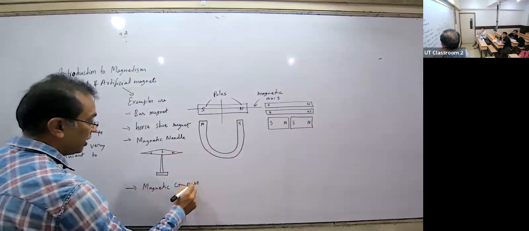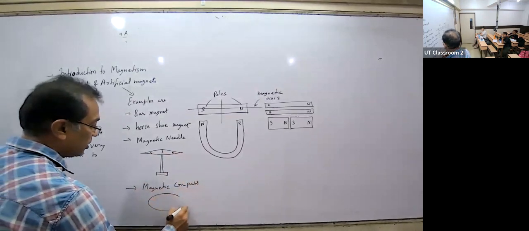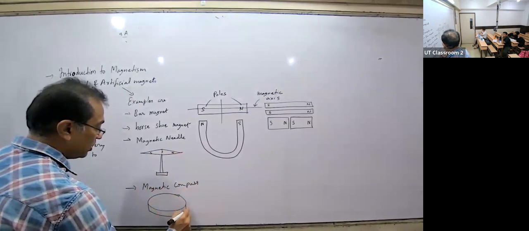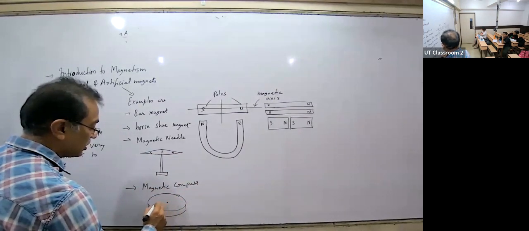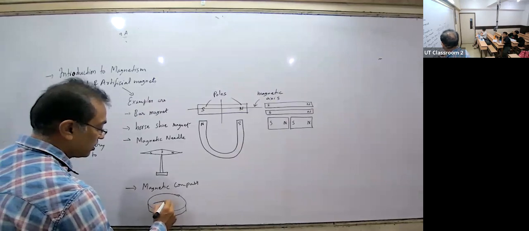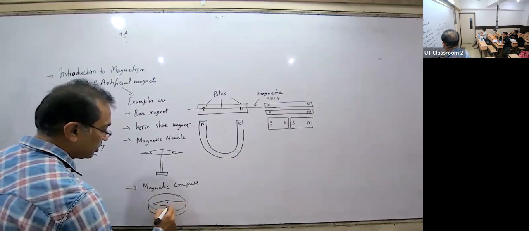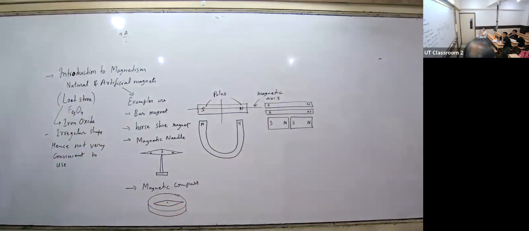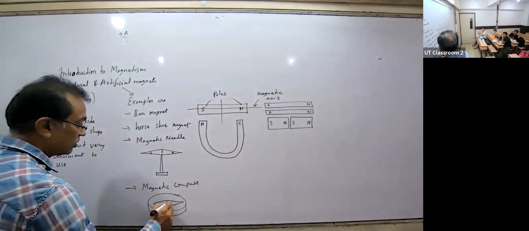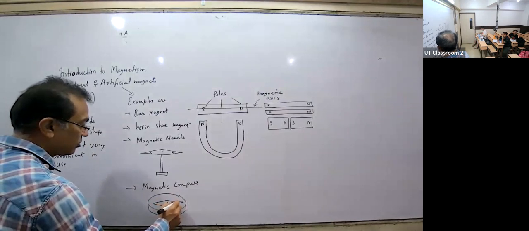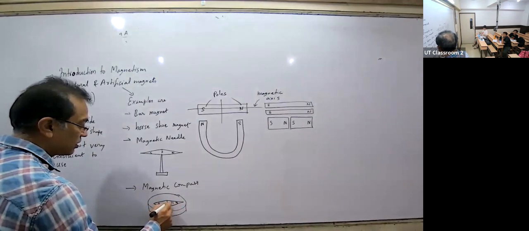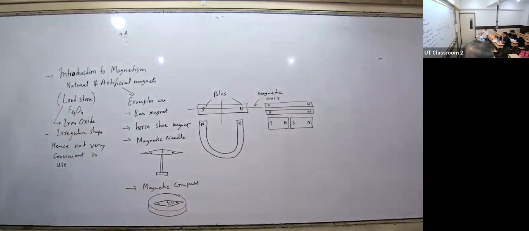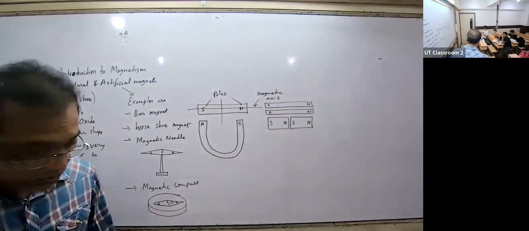All are magnets only, but in different installation. Like here in the magnetic compass, you have magnet only, but now it is housed in this kind of enclosure. Again, one of them will be north. So the one which is shaded is north and non-shaded is south. Clear? So this is magnetic compass.